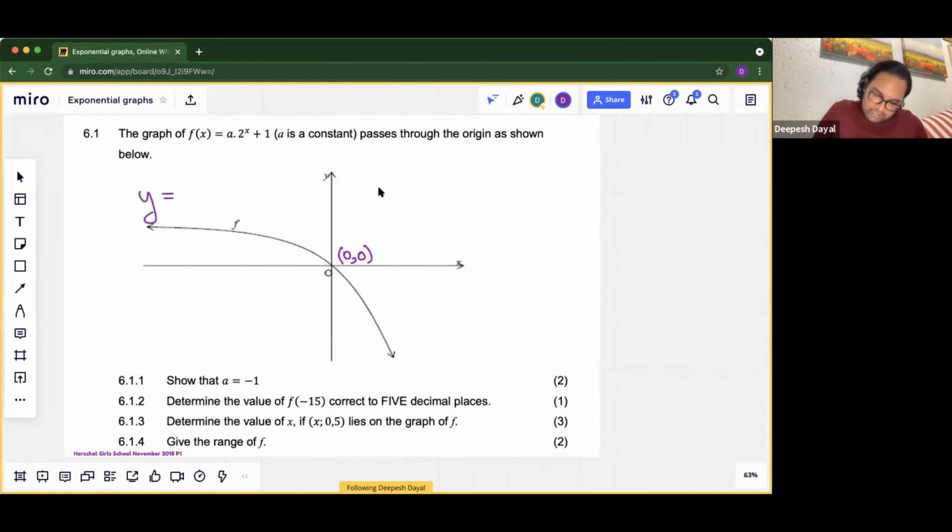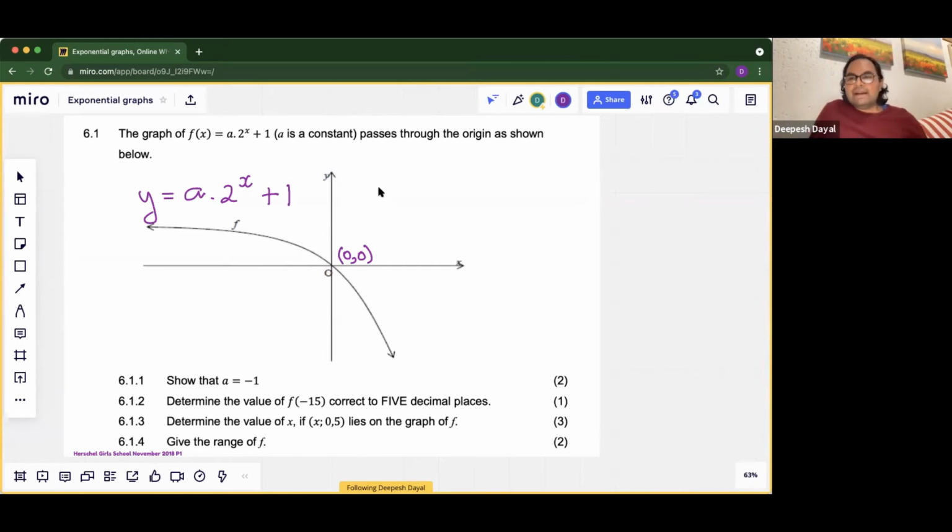y equals a dot 2 to the x plus 1. Okay, why is my 1 coming out like that? Okay, y equals a dot 2 to the x plus 1. You need to show that a equals -1. So there we go. You can try it out. You need to find a value to plug in, and then we solve for the unknown. Let's try it.